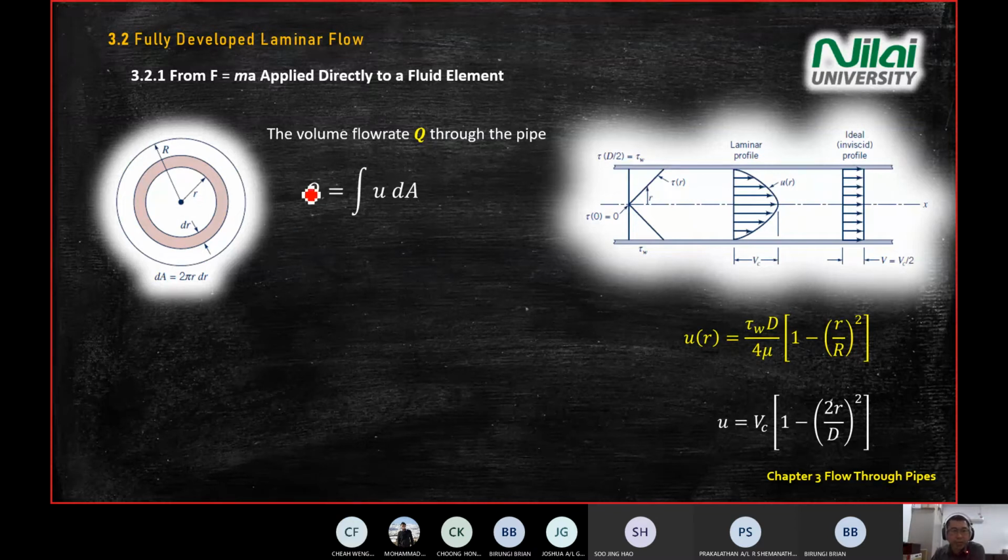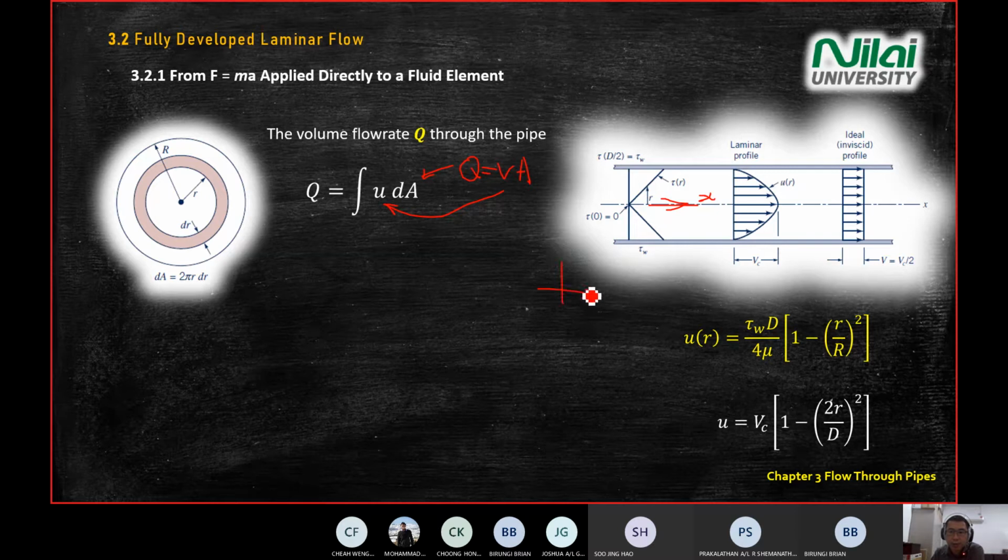So we know that our flow rate Q equals VA, as we see in chapter 2. This is just put in terms of integration, because we want to see what happens if we change dA. So Q equals the integral of u dA. Why do we use u in this equation? Because all our flow is in the x direction.